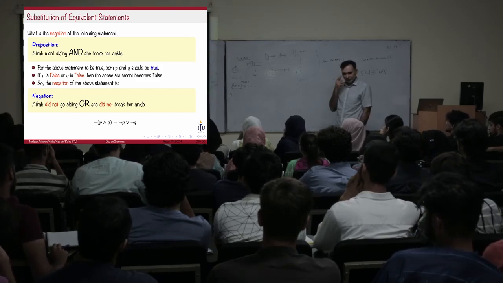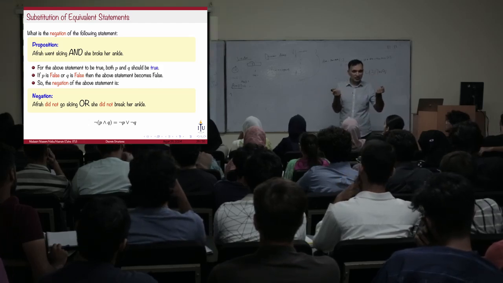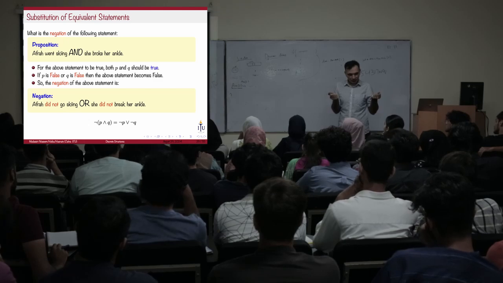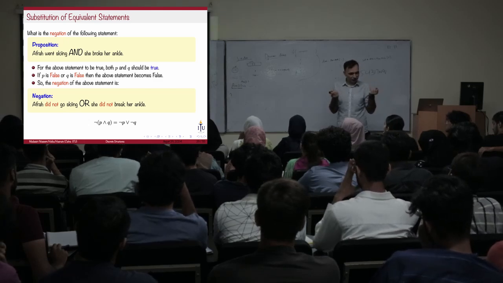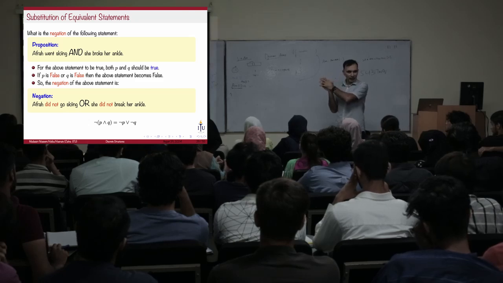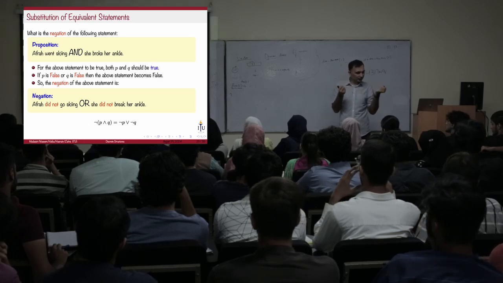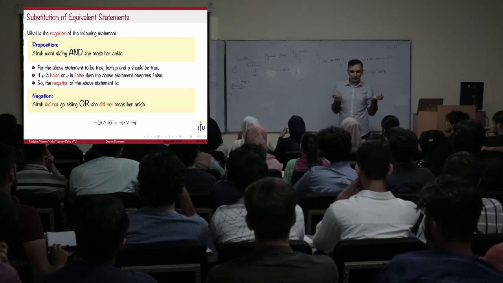Make sense? Let me repeat. This statement is true when both variables are true. If at least one of these variables is false, this statement would be false. So the negation of this statement is that at least one of these variables is false.